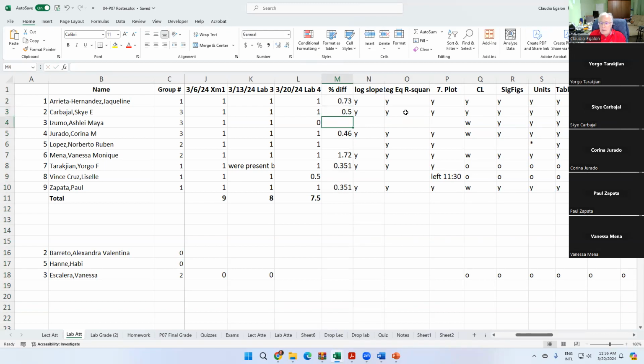Okay, good. Here you go. Ashley is not here, right? Let's see, Norberto, did you log the slope? The table? Yes, what's the percentage difference you're getting? I got 1.72. 1.72? Okay.